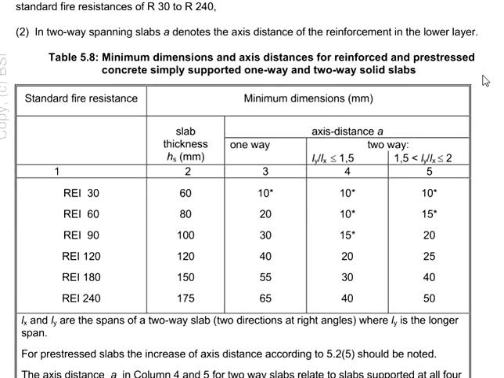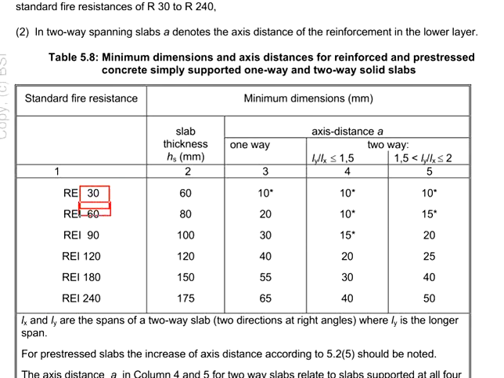Next, you want to determine the minimum dimensions as well as the axis distance for the one-way and two-way solid slab. Same, numbers 1, 2, 3, 4 mean the numbers of columns. You have REI 30 to 240 representing the durations of fire exposure.